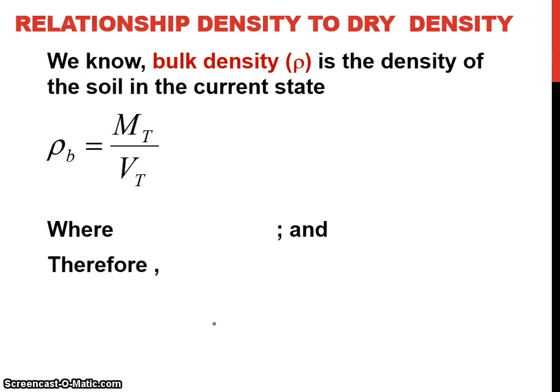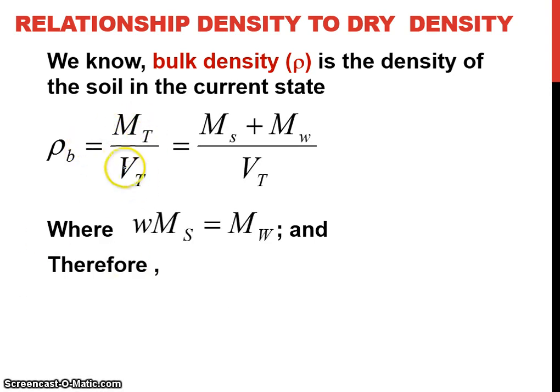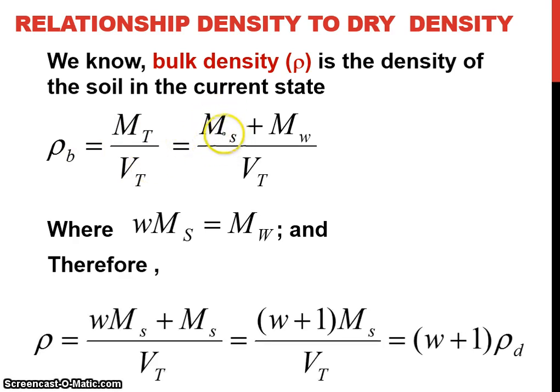So now is the next level. We knew that rho, the bulk density, is mass total to the volume total, and mass total is actually mass of solid plus mass of water. So for rho dry, density of dry, we knew ms over here.